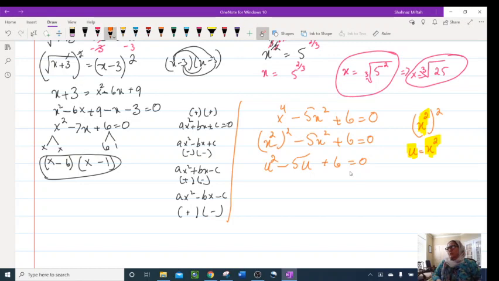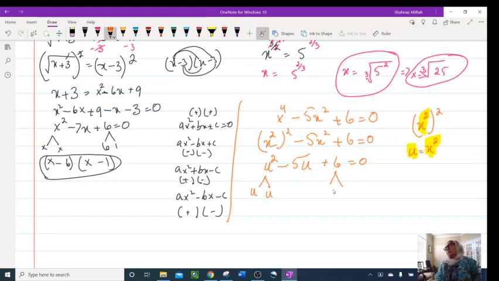Don't worry about it. Just to make it easier and simpler, we replace this x squared with u so it looks like a quadratic. Now I have to factor it out. U and u are the two factors.